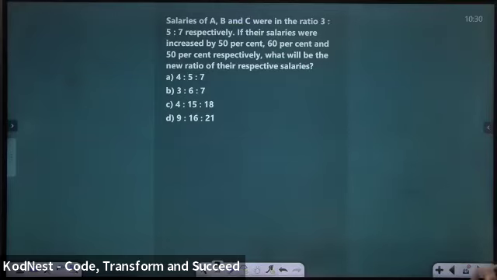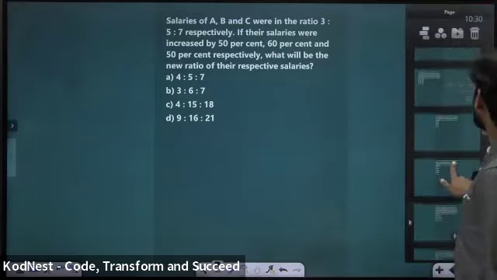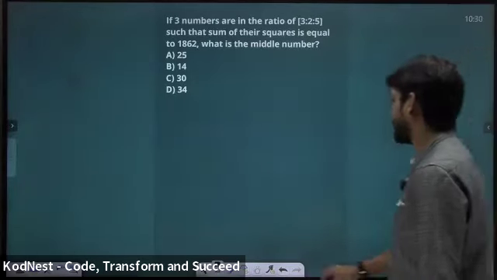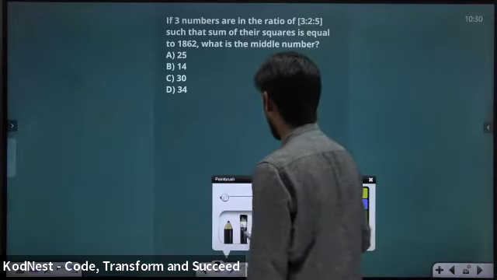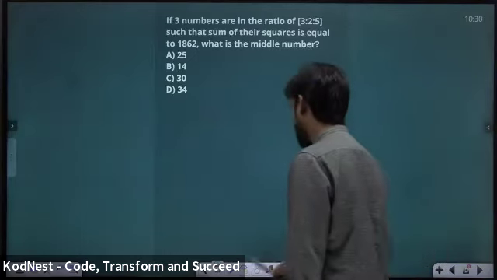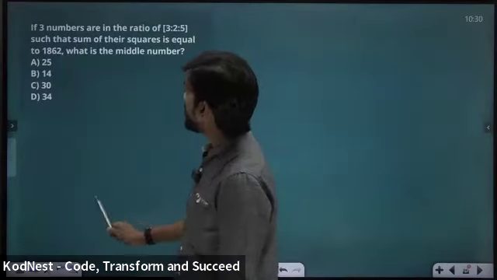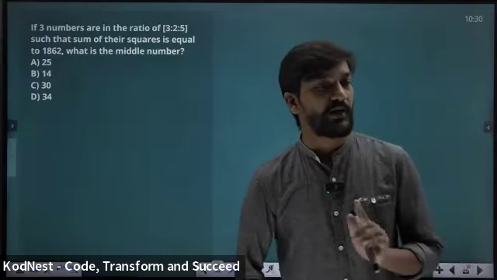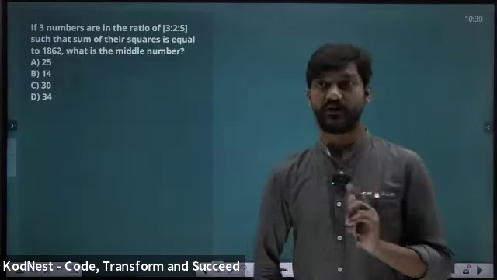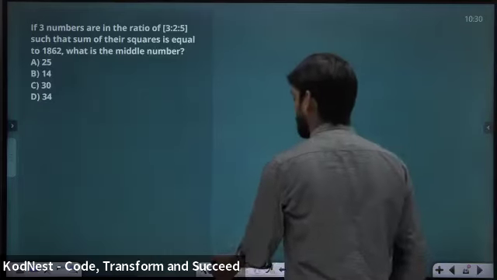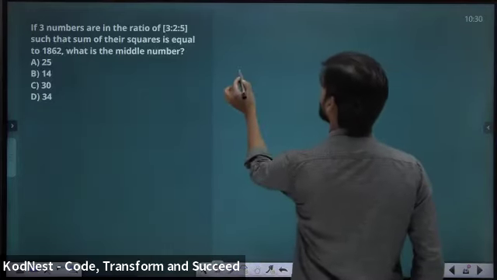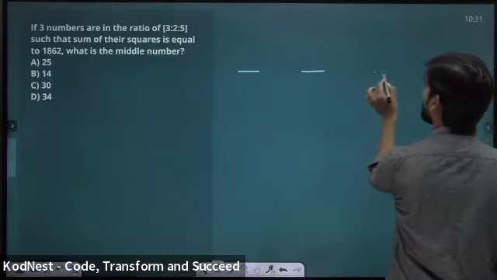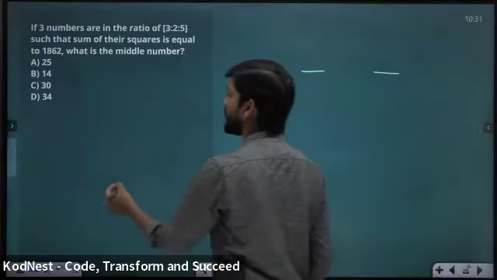All right. So let's come back to the first question again. Okay, see, three numbers are in the ratio 3 to 5. I don't know the numbers. I know the ratio. So numbers are unknown, but their ratio is 3 to 5.